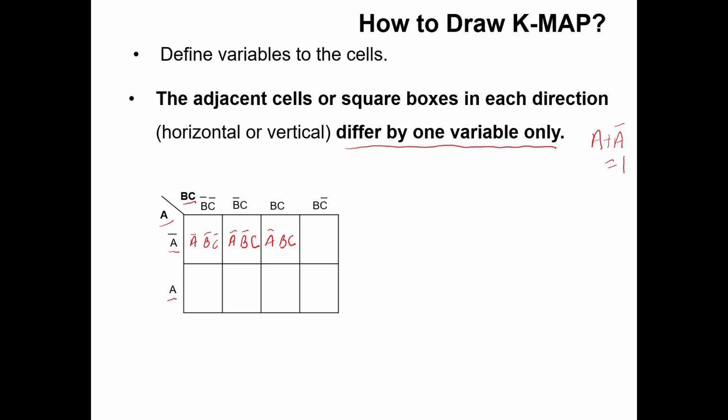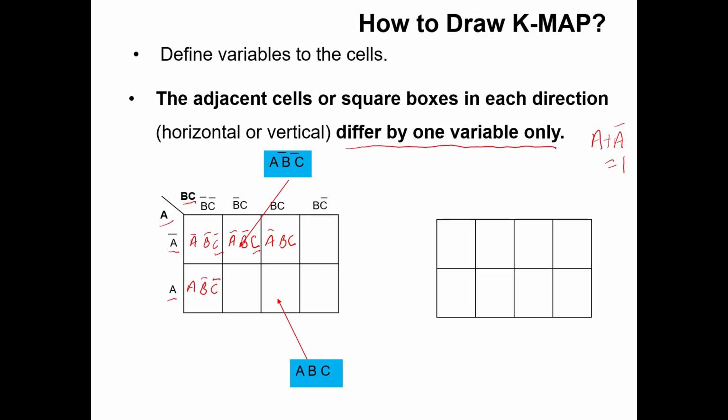In these two boxes, the variable changing is C bar and C. The rest of the two variables remain the same if we go horizontally. If we go vertically, again this box represents A, B bar, C bar, again a difference of one variable only.